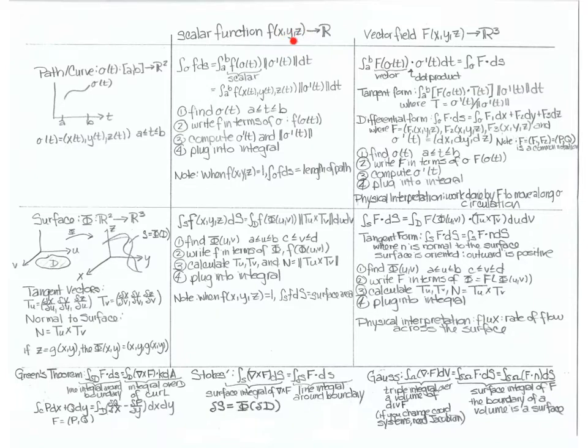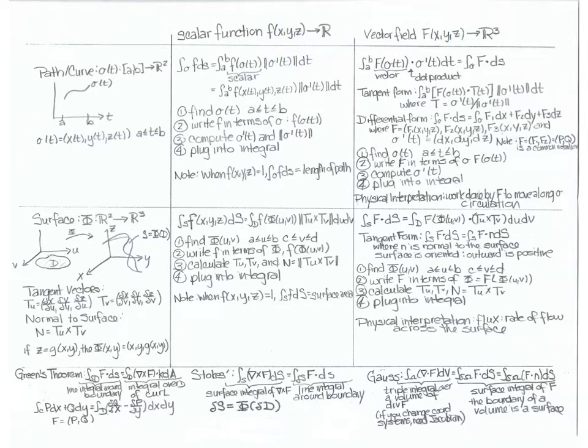Sometimes it's just x and y, but it takes a number of variables, x, y, and z, for example, and it maps it to a single number, a scalar number. That is a number without any direction, it only has magnitude, so it's not a vector. So that's a scalar function. It takes multiple values and maps them to a single scalar value.